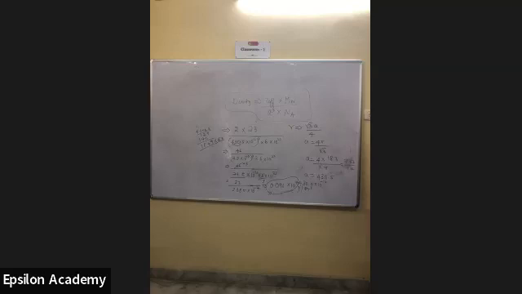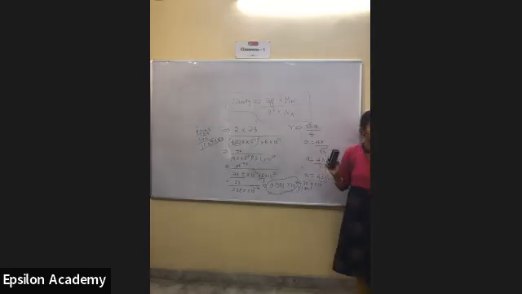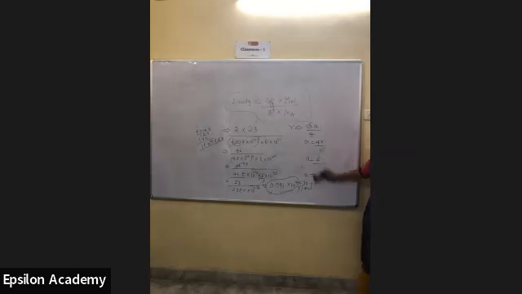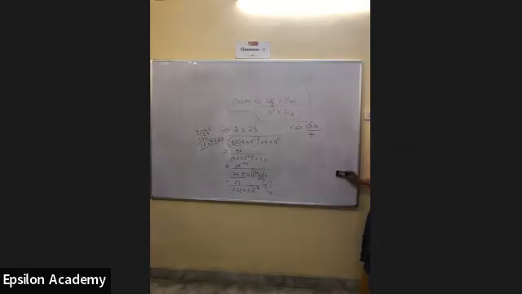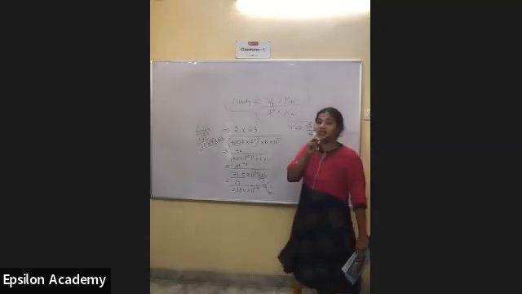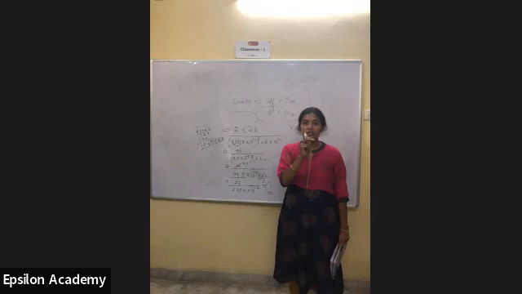Okay, wait. Metallic gold. You want me to write or shall I dictate? Metallic gold is crystallized into cubic cell. They have given cubic cell, which means CCP.